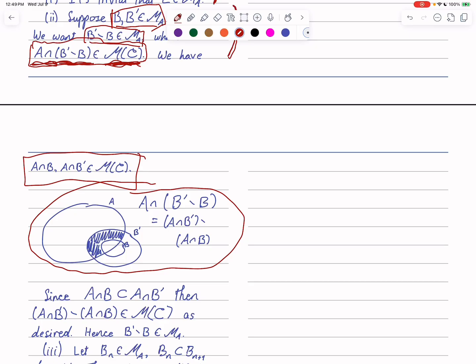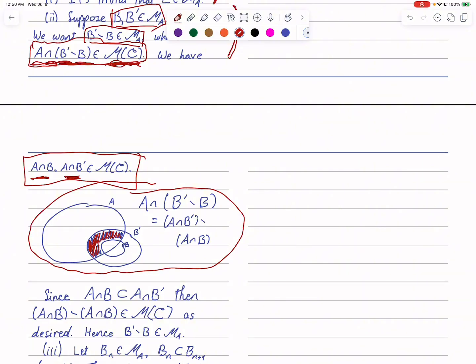Now, we would like to try to represent this set, A intersect B prime minus B, as two sets that are each in the monotone class, of course, such that they stand in a subset relation, because I'm going to try to leverage what I know about the monotone class, that it has those monotone class properties.